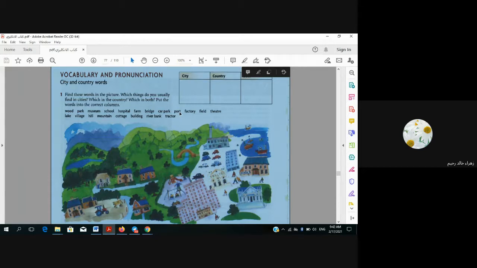Cottage. We find country. The country. Building. In the city. Yes, in the city. River bank. Yes. Country. And the city hasn't any river bank.